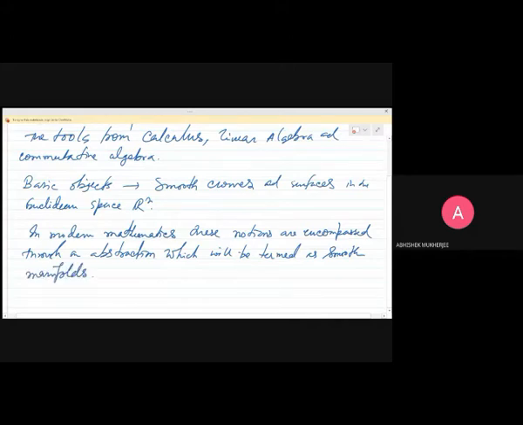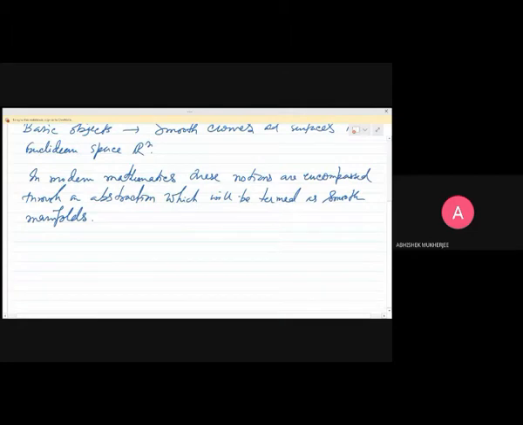So intuitively speaking, where you can talk of calculus in general setting, in some general objects, okay.